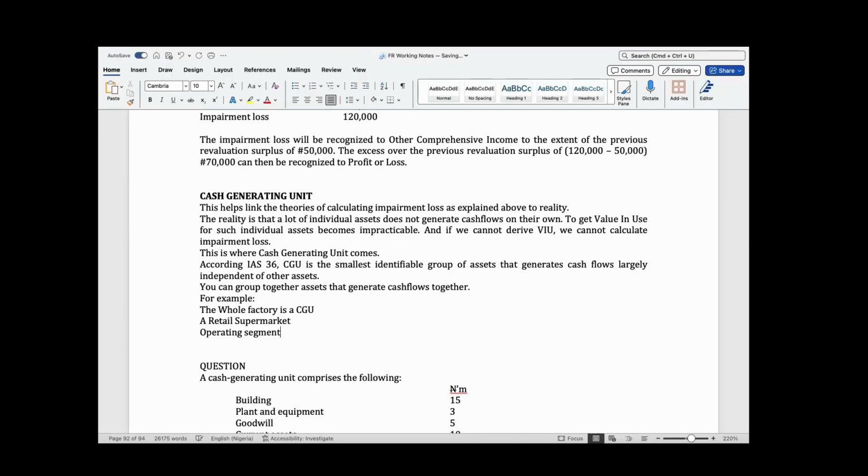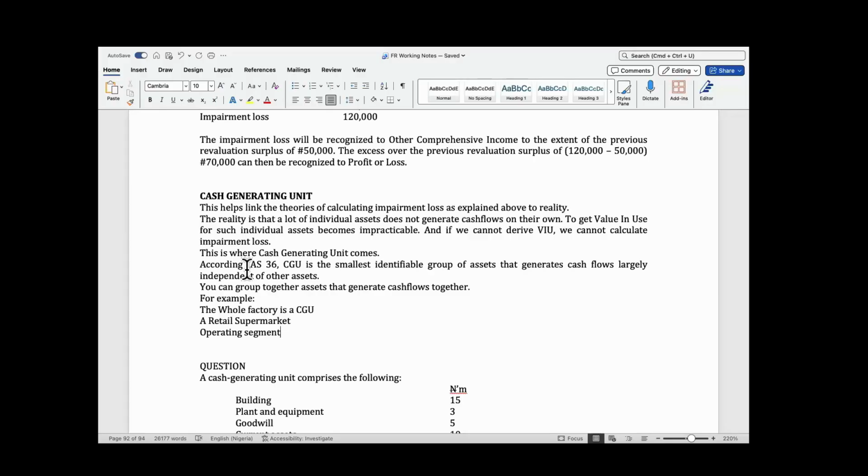In real life, for you to say these units generate cash flows together, you are basically looking at the business itself, either a branch or a segment or a factory or a whole shop. That's basically what a CGU is.